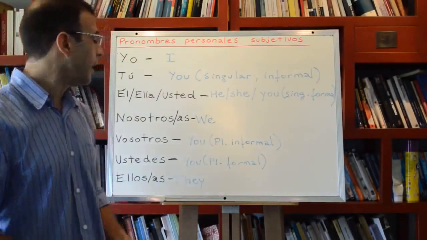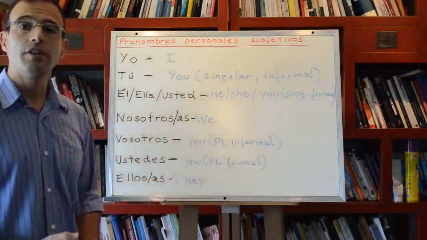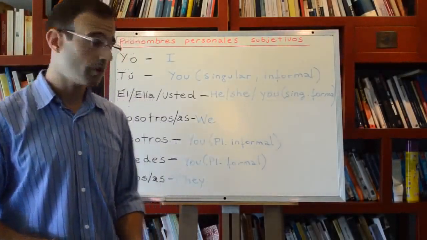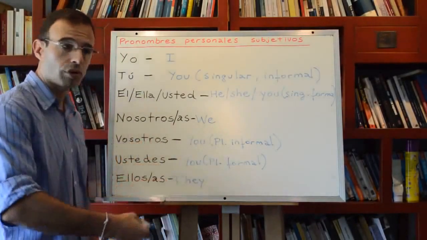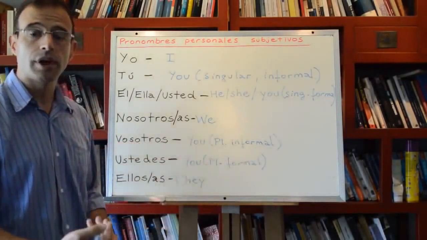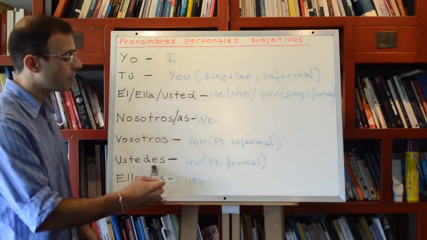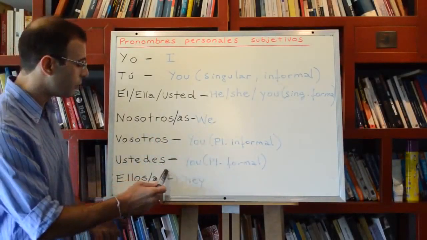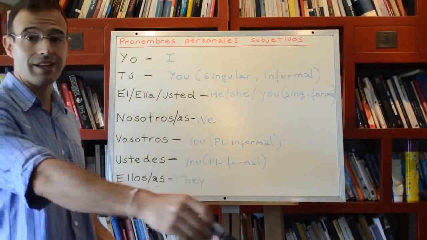okay? The thing is, vosotros has a unique verbal conjugation, okay? So if you will use vosotros for addressing somebody, you have to learn how to conjugate the verb for vosotros. However, ustedes uses the same verbal conjugation as ellos or ellas, which means they, okay?